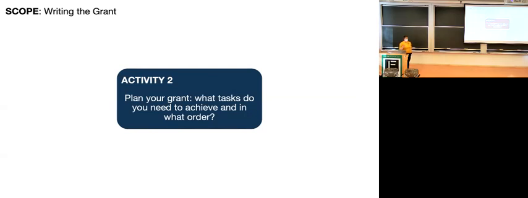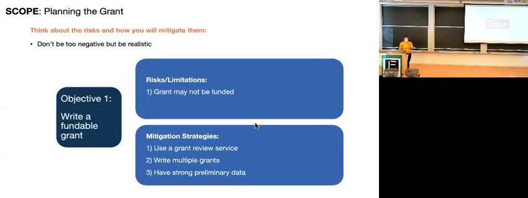We thought about how long it's going to take us. Importantly, let's think about how we're going to fail, because you should identify how you're going to mitigate if you don't achieve what you say you're going to achieve.